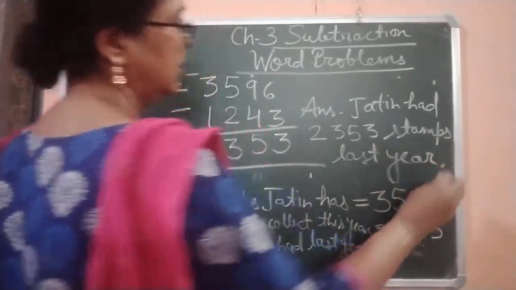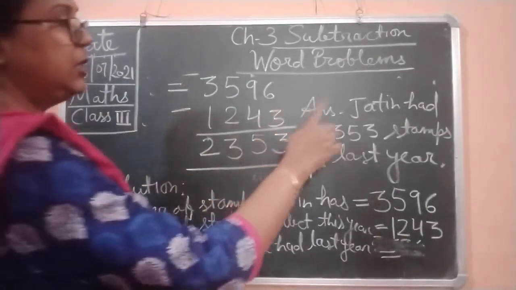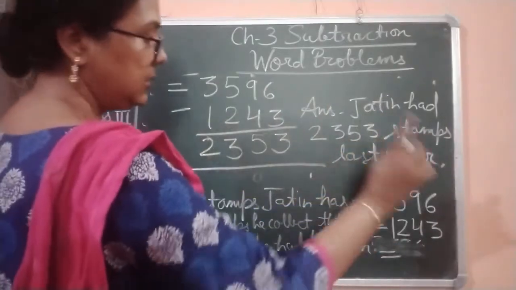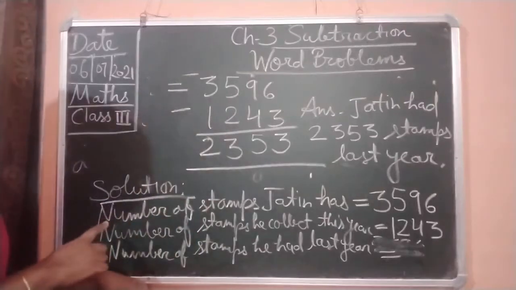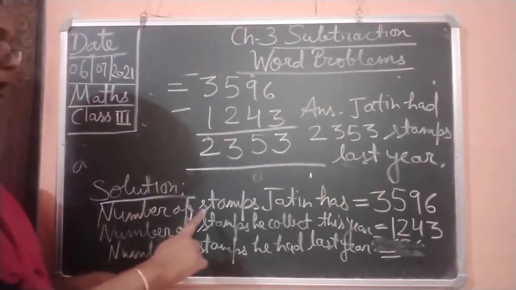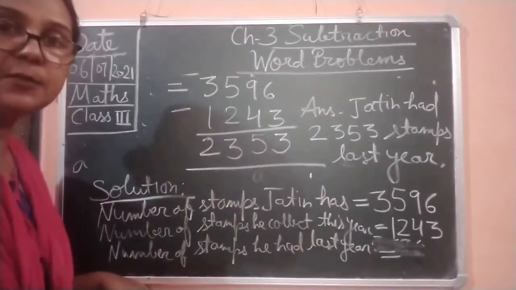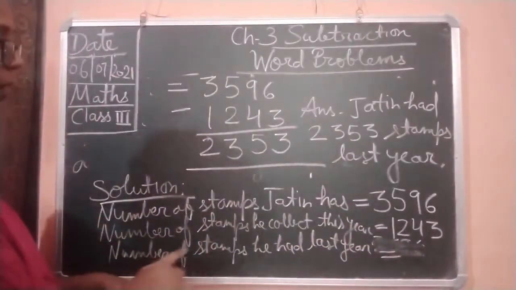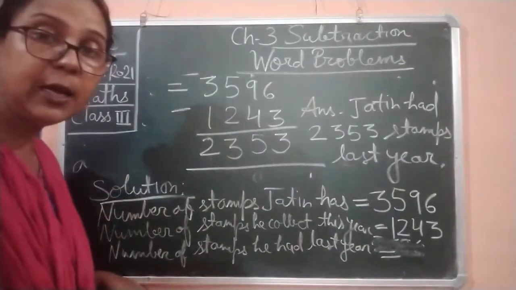Okay, children? So complete it. Jatin had 2353 stamps last year. First, what have we done in the solution? First, we have written over here number of stamps Jatin has. तो total number of कितने उसके पास stamps हैं? First we write this and then number of stamps he collected this year. इस साल में उसने कितना collect किया?